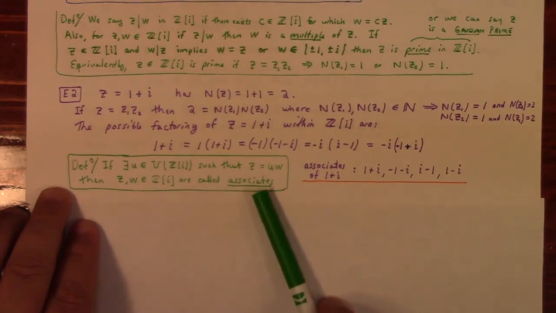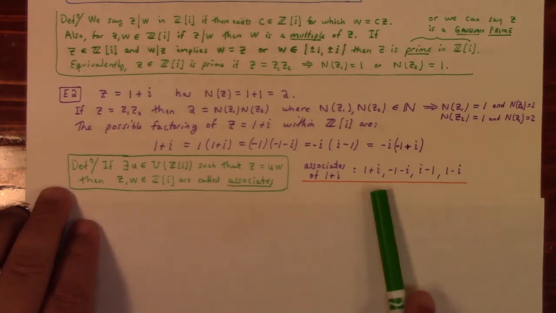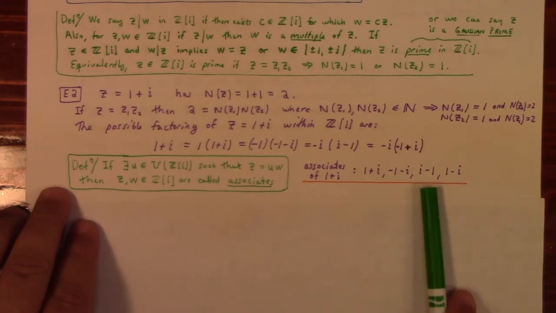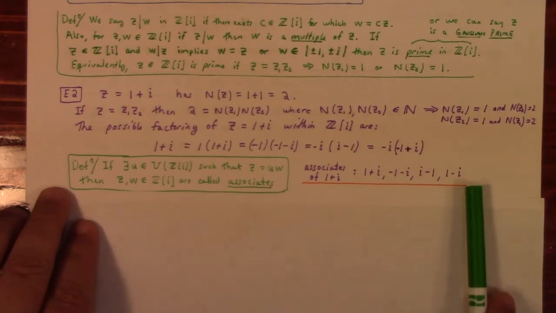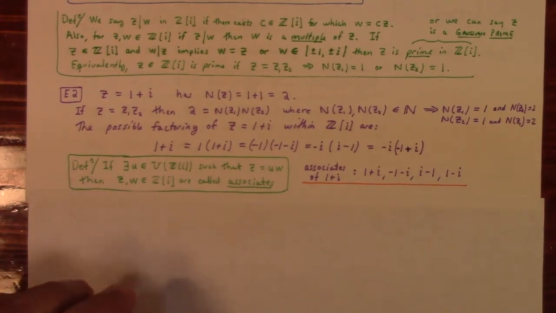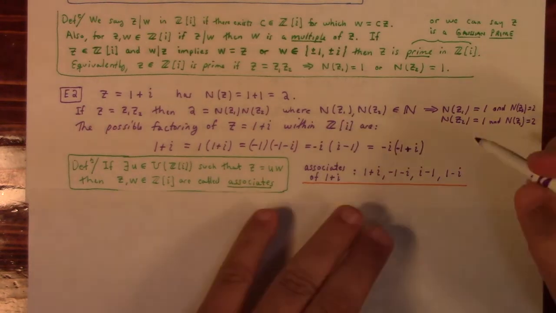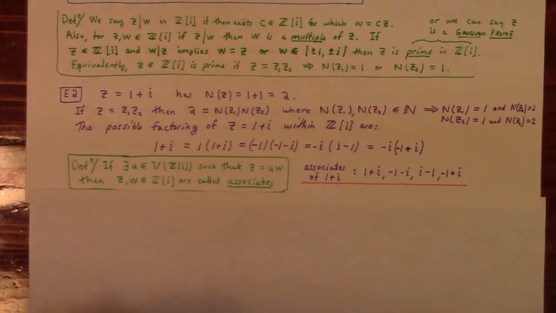So the associates of 1 plus i, for example, are 1 plus i, minus 1 minus i, minus 1, and I think I should have minus 1 plus i there, actually, if I didn't make a mistake. Anyway, every Gaussian integer has 4 associates.